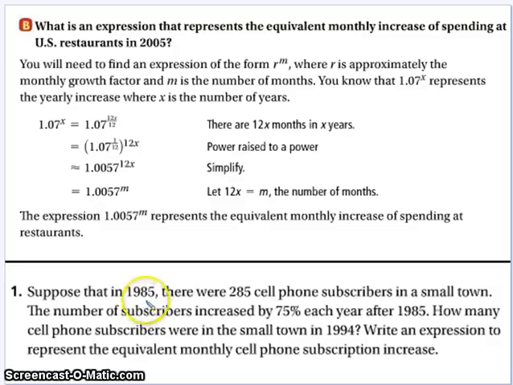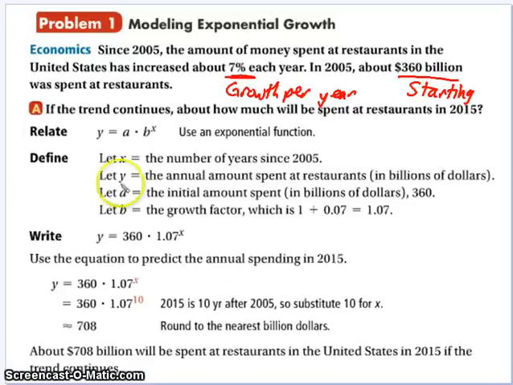Suppose that in 1985 there were 285 cell phone subscribers in a small town. The number of subscribers increased by 75% each year. How many cell phone subscribers were in the small town in 1994? So let's work on that part first. What we're doing is the same as right up here.